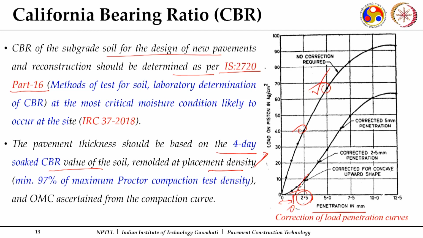Another aspect to be taken care of is that the penetration of the plunger in the soil can be done after submerging the soil sample in water for 4 days. So, it can be a soaked CBR or an unsoaked CBR. Normally, by soaking this sample in water, we want to create the worst situation which can occur.